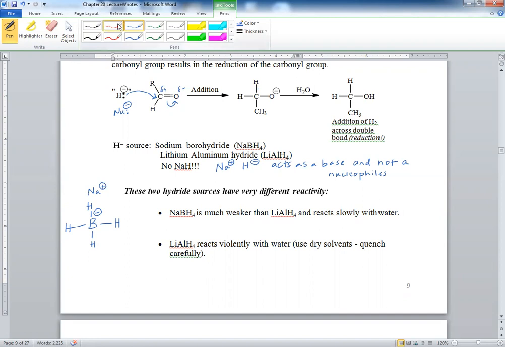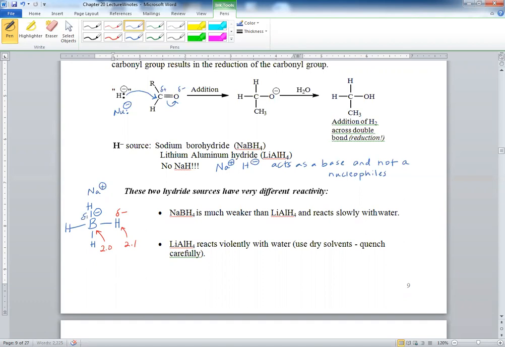There's an important thing to mention here: the electronegativity of boron is 2.0, and the electronegativity of hydrogen is 2.1. So in this case, the hydrogen, in a sense, gets the delta minus, and the boron gets the delta plus.